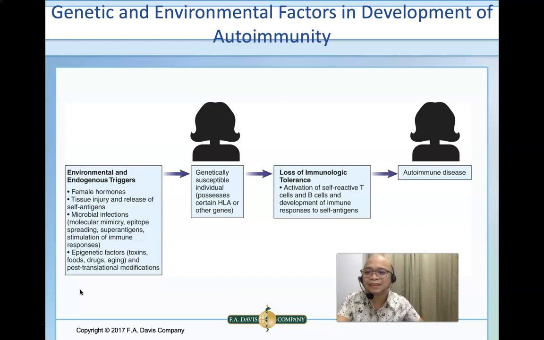So all of these factors, environmental and endogenous triggers, genetic predisposition, and loss of immunologic tolerance, may result in the development of an autoimmune disease.